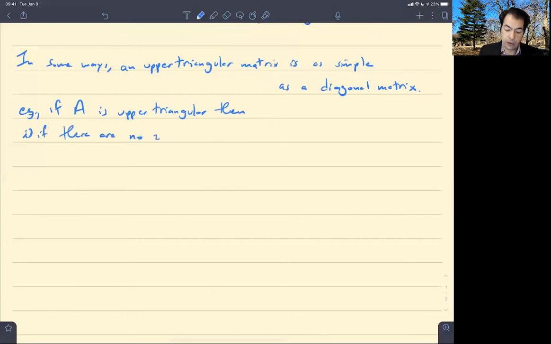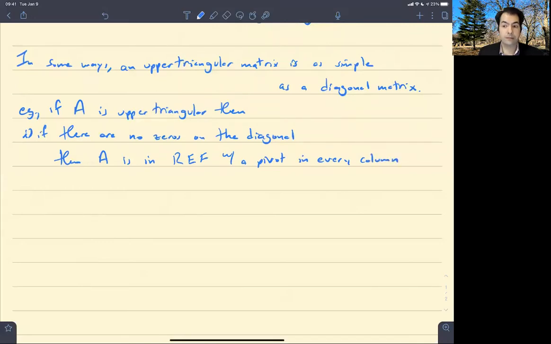if there are no zeros on the diagonal, then the matrix A is in row echelon form with a pivot in every column, right?